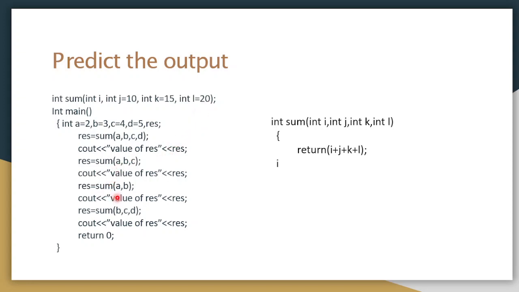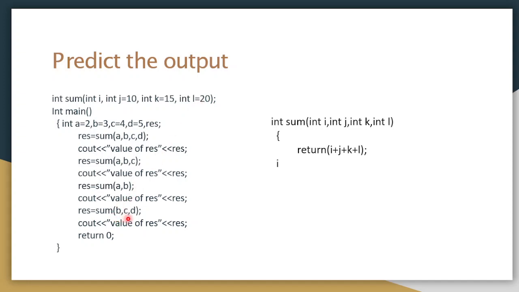Now consider the case sum(a, b). We don't have the remaining two parameters. So i is equal to 2, j is equal to 3, then k is equal to 15 and l is equal to 20.